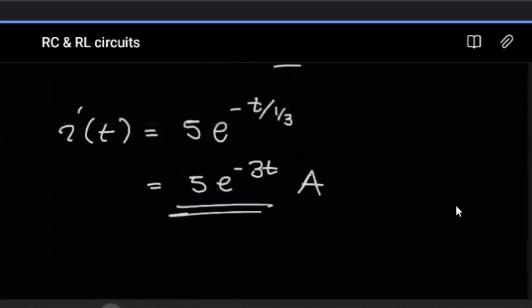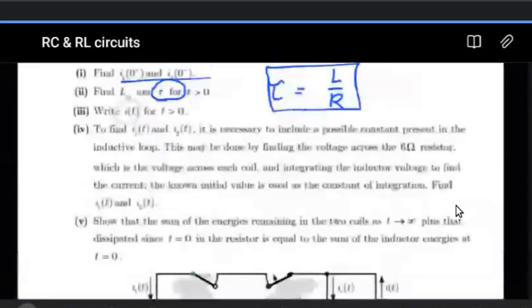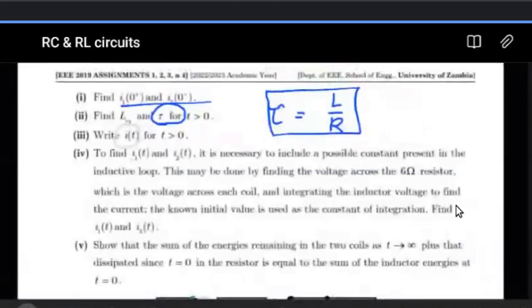So now we can move on to part 4. What is happening in part 4? In part 4 now they're saying find I1 and I2. To find I1 and I2, it is necessary to include a possible constant present in the inductive loop.